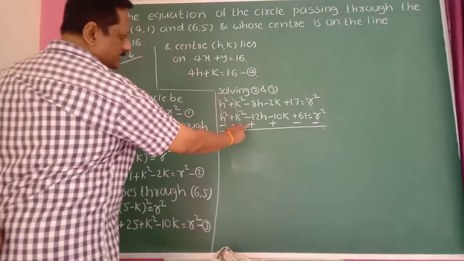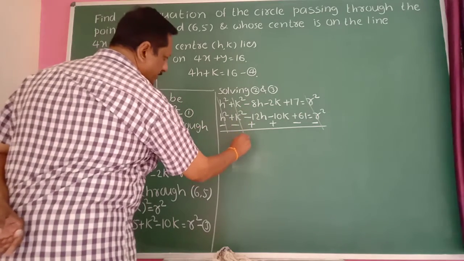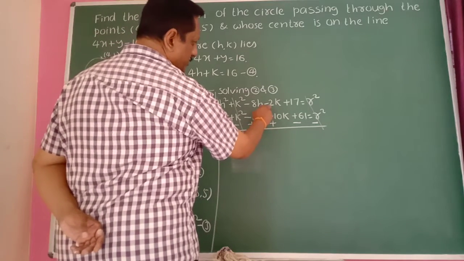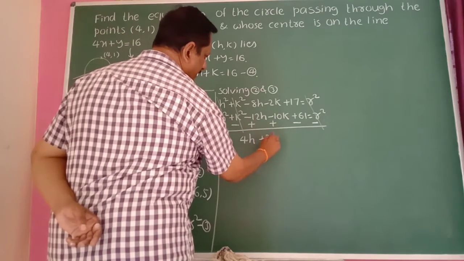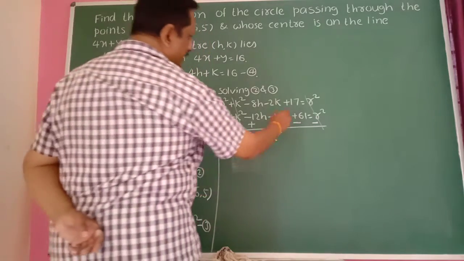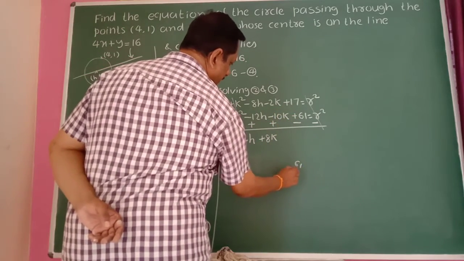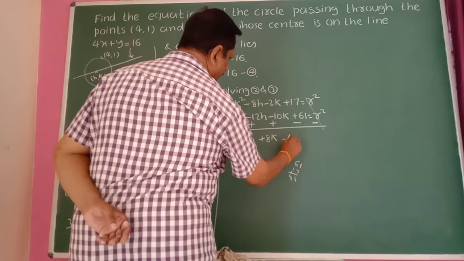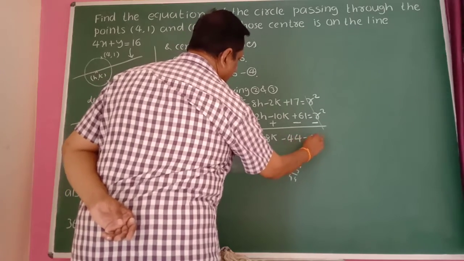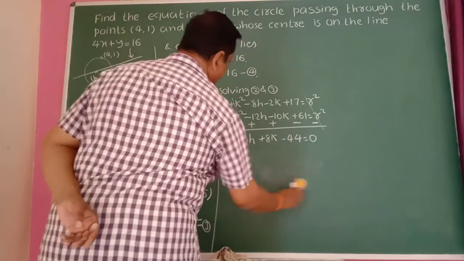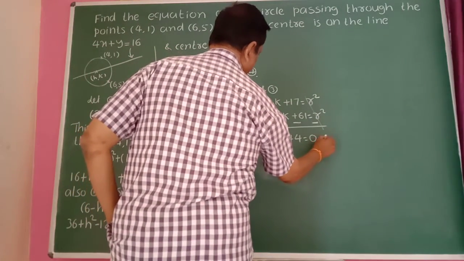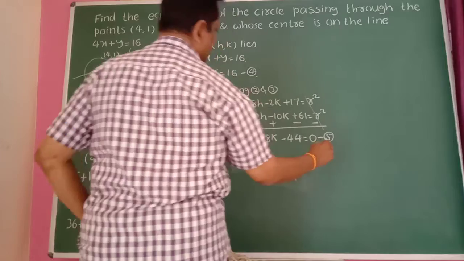Then plus 12h minus 8h becomes plus 4h, then 10k minus 2k is plus 8k, and 17 minus 61 gives minus 44, equal to 0. So 4h + 8k - 44 = 0. Take this one as equation number 5.